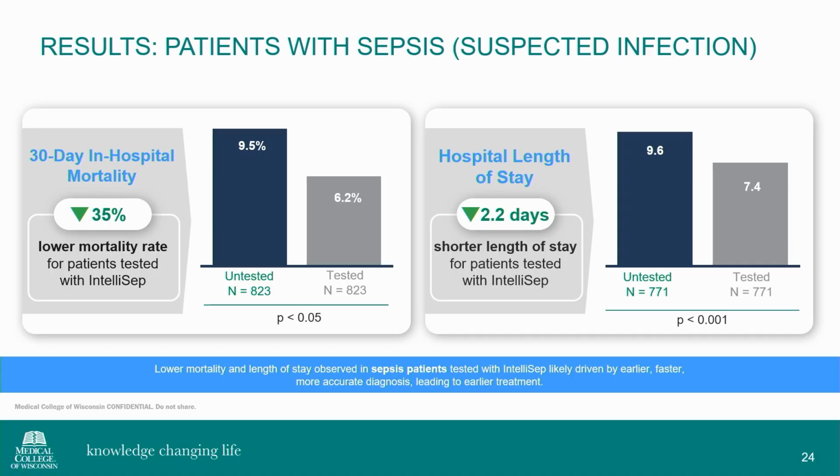And when we compare the tested population to the untested population, we see about a 35% reduction in mortality when the test is used. Again, attributed to the fact that these patients are getting on the right treatment faster because we have a more accurate diagnosis that leads to lower levels of mortality. Same population, we see about a 2.2 overall reduction in length of stay.